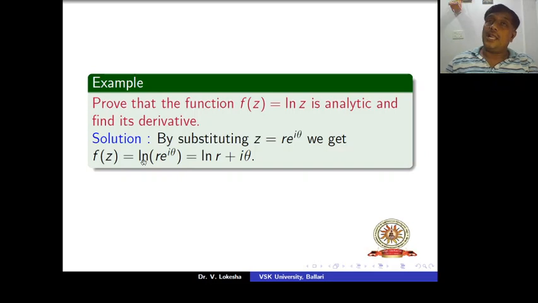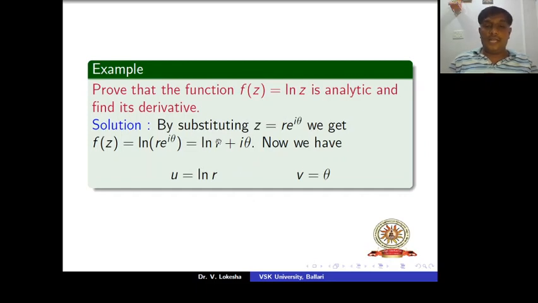You know that for the logarithmic function, log of m into n is log m plus log n, log m power n is n log m, and log m to base m is equal to 1. Using these conditions, we can express ln of r e power i theta as ln r plus i theta.